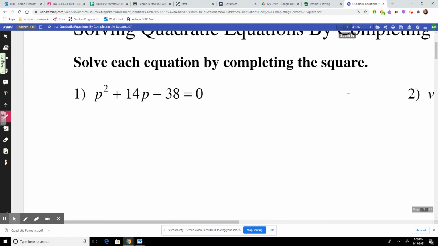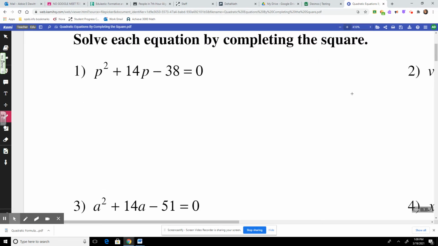Okay, number 1. Let's look at number 1. I have p² + 14p − 38 = 0. So I'm going to first isolate my variable terms by adding 38 to both sides. So my isolated variables, p² + 14p, is set equal to positive 38. I'm going to take my b value, which is 14.